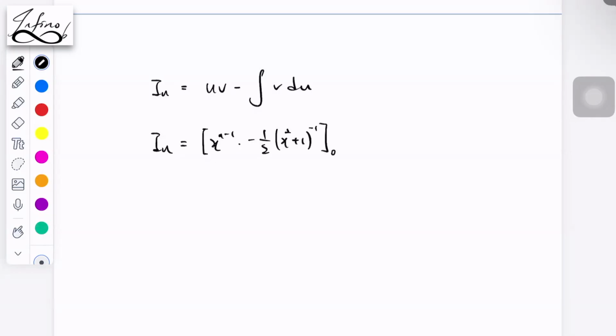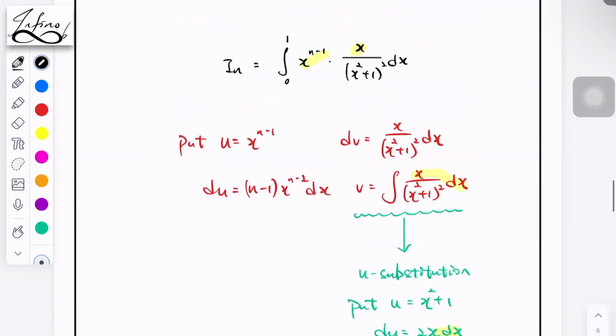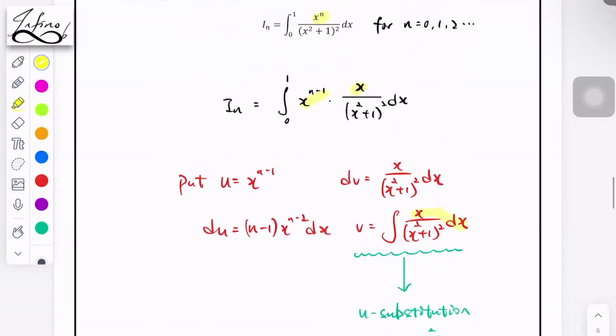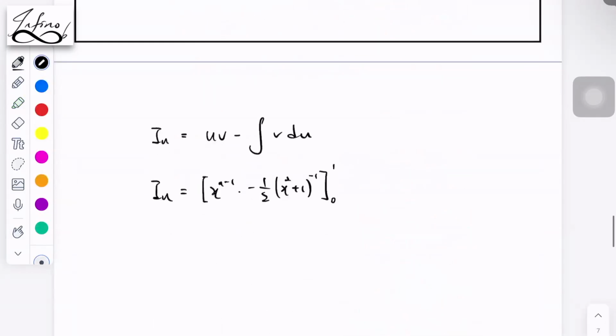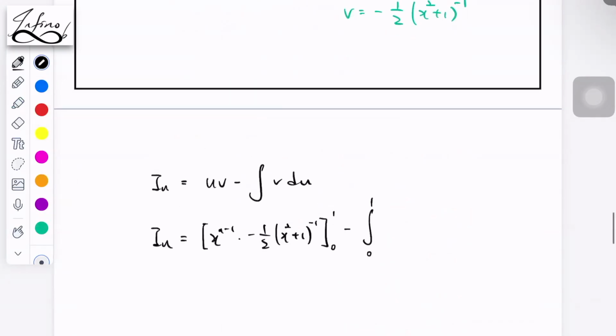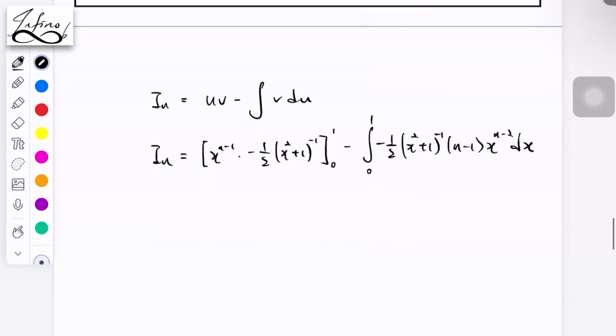So this time we're substituting from 0 to 1. And then minus, we integrate from 0 to 1, v du. So v is negative 1 over 2, times (x squared plus 1) to the power of negative 1, times (n minus 1) x^(n-2) dx. So far, so good.